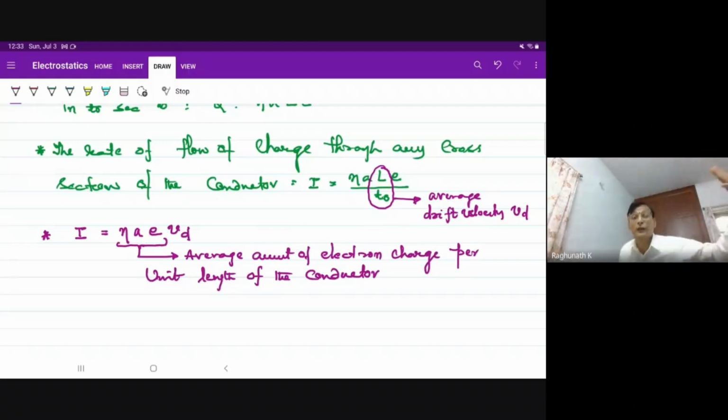Average drift velocity it is. Q L they call it.